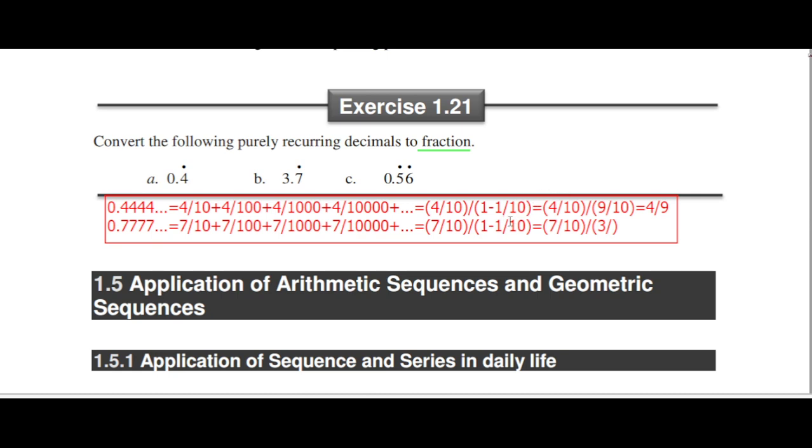So 1 minus 1 over 10 is 9 over 10. After simplifying, with 10 by 10 omitted, we get 7 over 9. So the fraction form for this decimal number is 7 over 9.